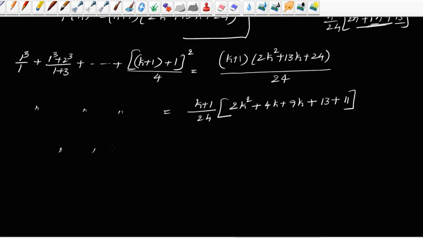So here k plus 1 by 24 into, taking common here, 2k square plus 4k. Next here 2, plus 13 can be written as 2 plus 11.